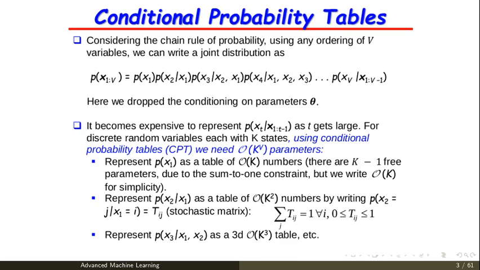So when you look at probability of x1, we need k numbers to describe it, k squared to describe p of x2 given x1, k cubed to describe p of x3 given x2 and x1, and k raised to v to describe p of xv given x1 to xv minus 1.